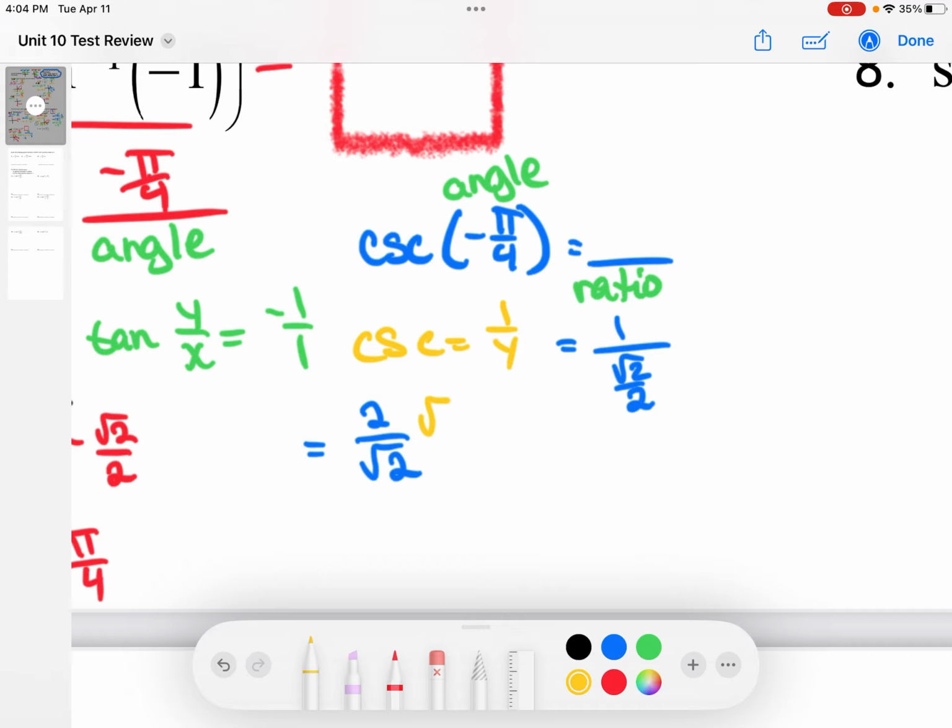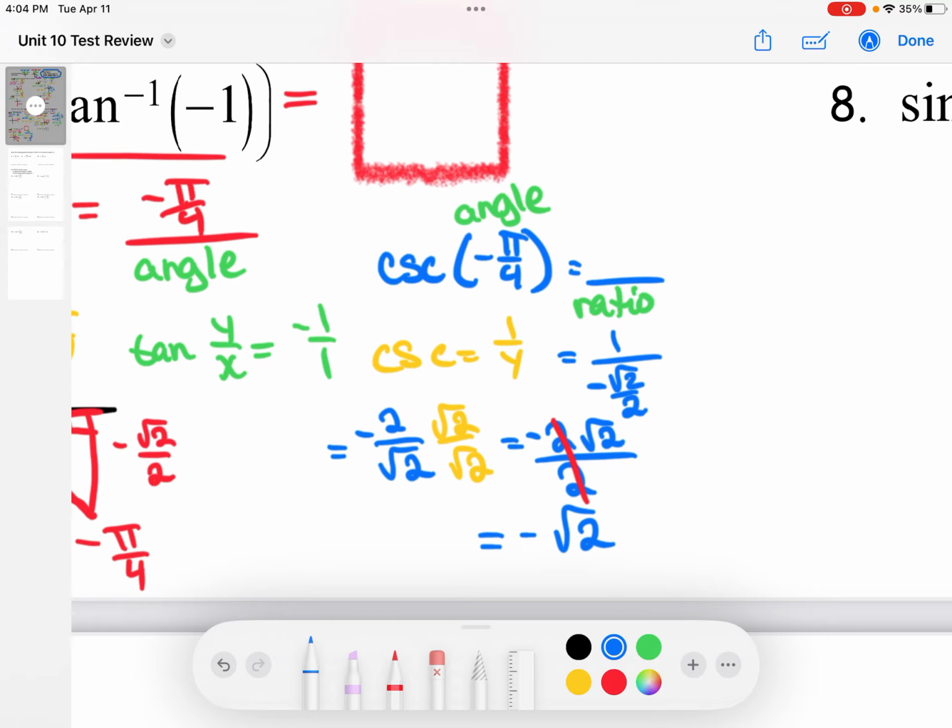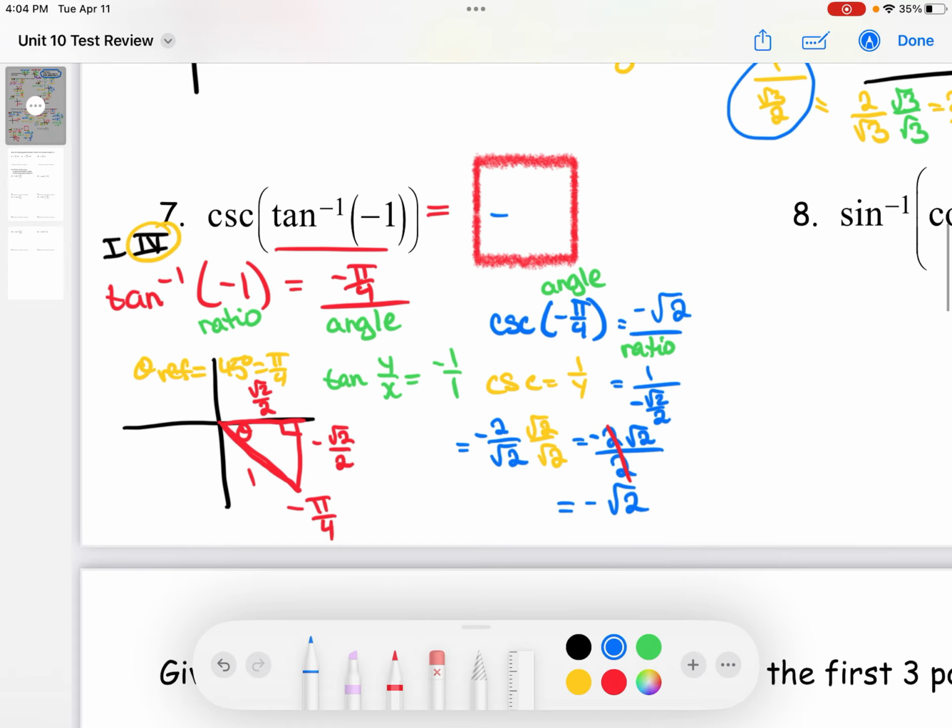Can't leave that root in the bottom, so we multiply by root 2 over itself. And this gives us 2 root 2 on top over a 2 on bottom. These y's are negative, so that negative sign still stays with us. These 2's divide out, leaving us the negative sign and square root 2. So cosecant of negative pi over 4 is negative square root 2, and that is our final answer.